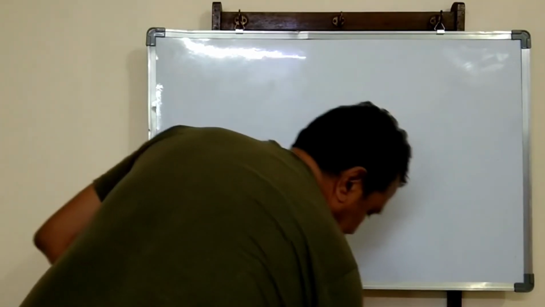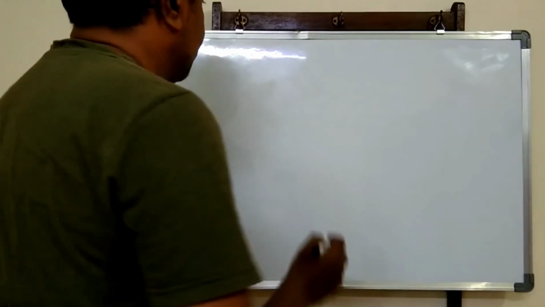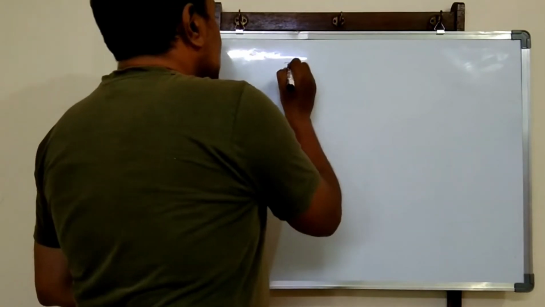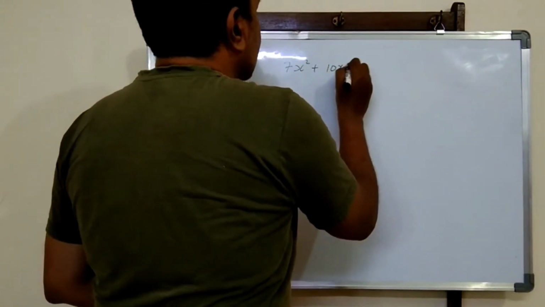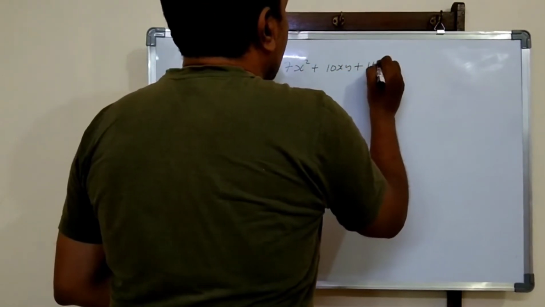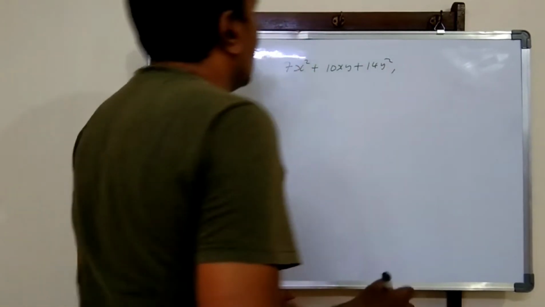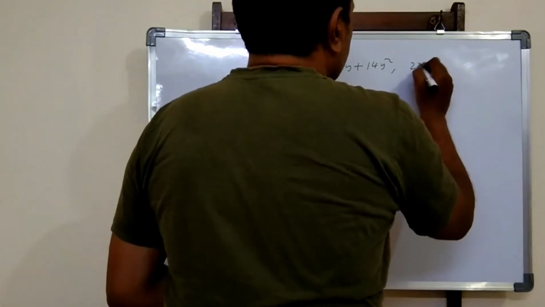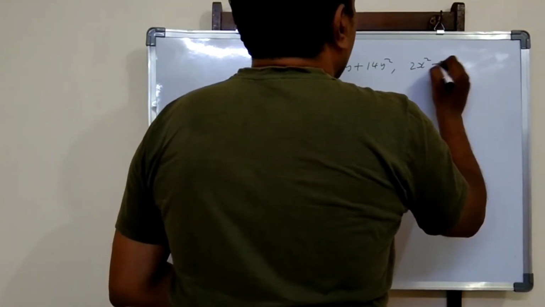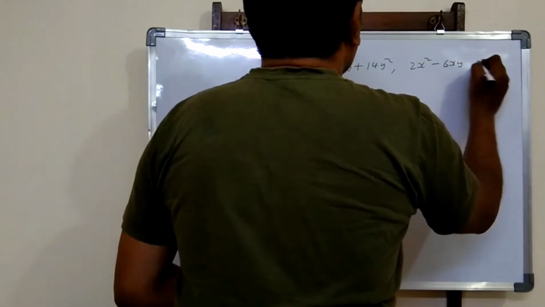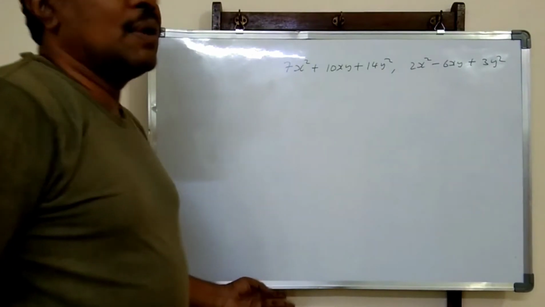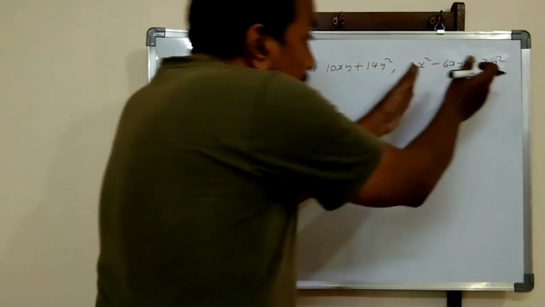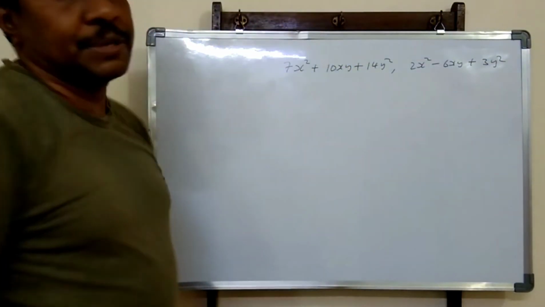Okay, like this. Now subtraction. First expression: 7x square plus 10xy plus 14y square. Second expression: 2x square minus 6xy plus 3y square. Now I'm subtracting the second expression from the first expression.